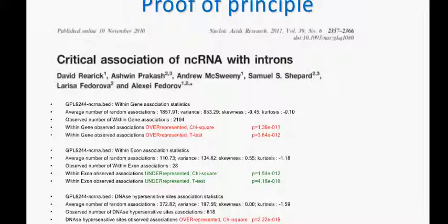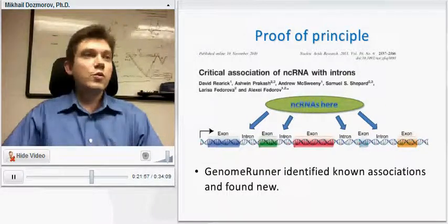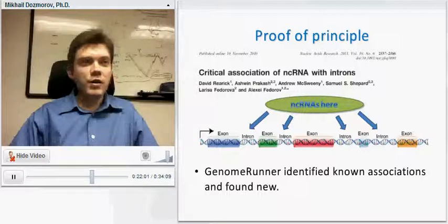The answer is surely yes. If we test association of non-coding RNAs with transcription factor binding sites, we will not find any statistically significant associations. So, Genome Runner identified known associations and found new ones.